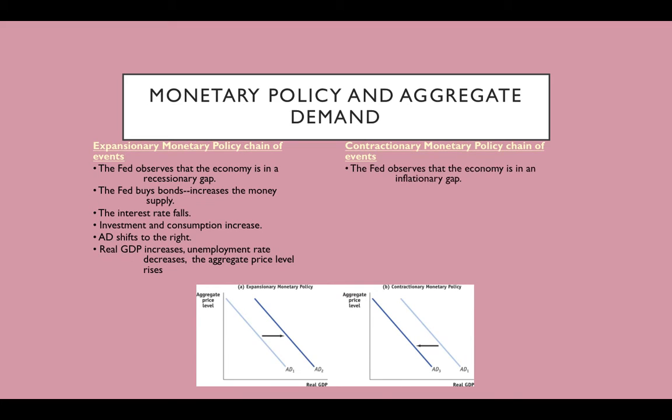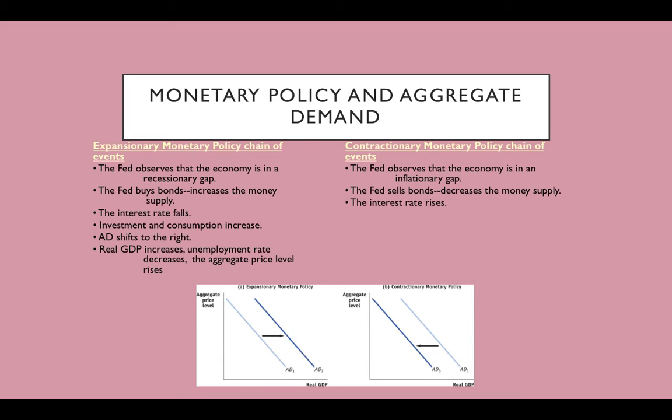Contractionary monetary policy. The Fed sees that the economy is experiencing an inflationary gap, or they're worried about inflation. So they're going to engage in contractionary monetary policy, selling bonds. But they can also set a higher discount rate and a higher reserve requirement. That will decrease the money supply.